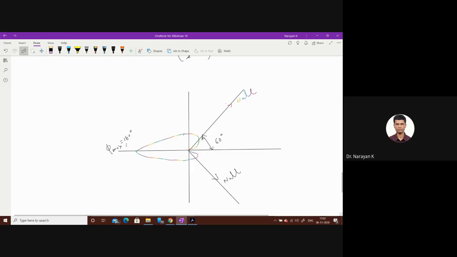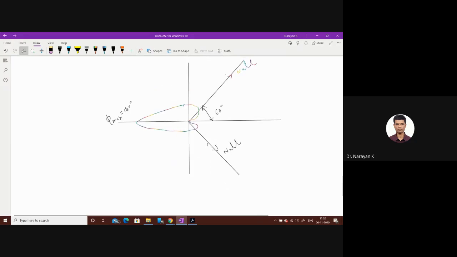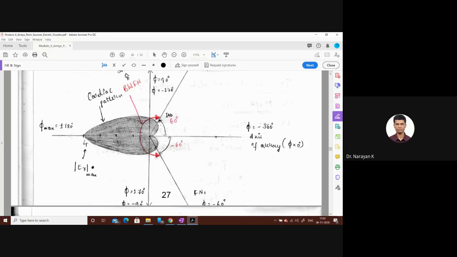So next, what you need to do is find the beam width between the first nulls. So how do you find the beam width between the first nulls? Okay, this is your null direction. This is the null direction. So this is the beam width between the first nulls, which is shown by the red color.